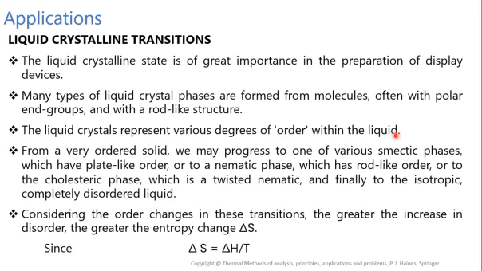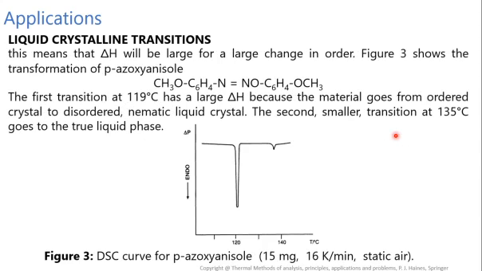As we know, delta S, the change in entropy, is equal to the change in heat content upon temperature, that is delta H upon T. So delta H will be large for a large change in order. Look at figure 3, which shows the transformation of para-azoxyanisole.